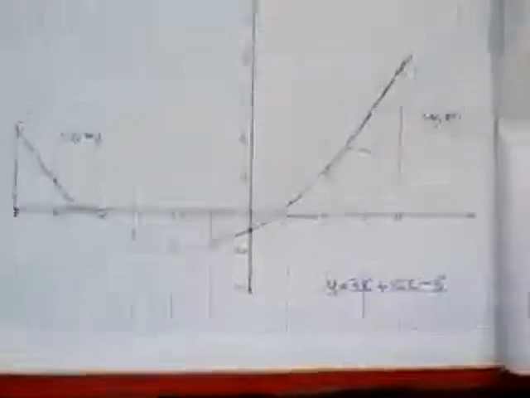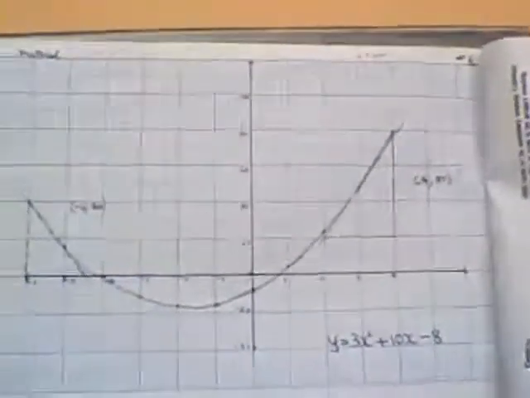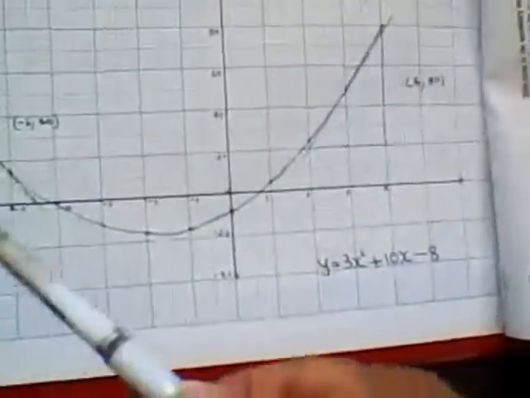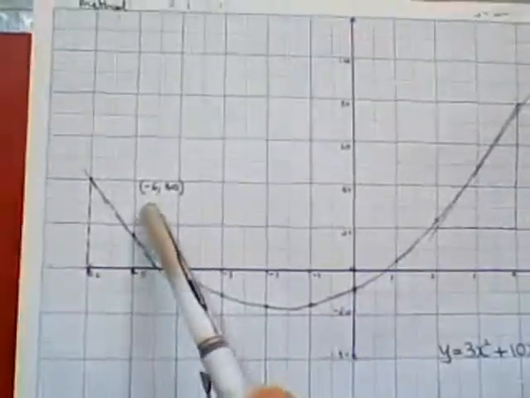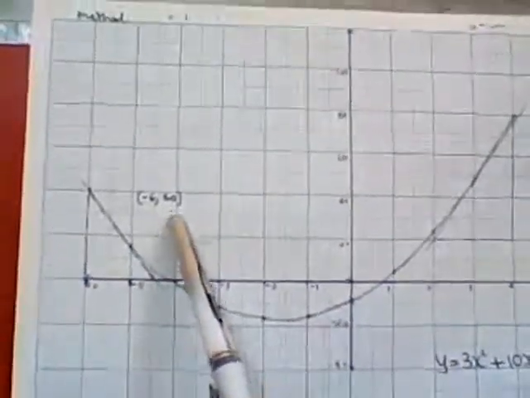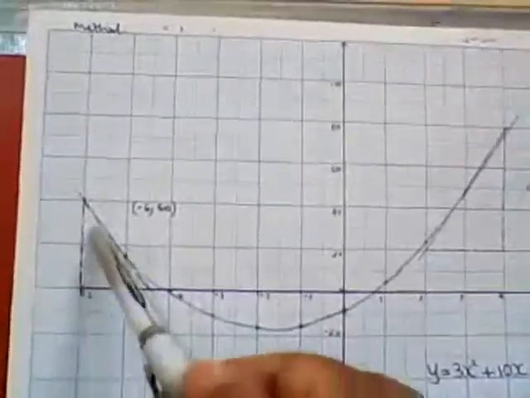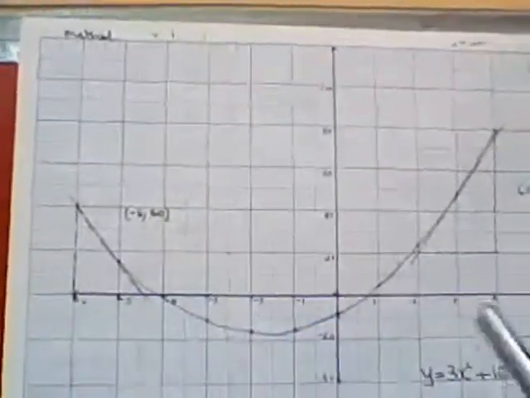Now again, always produce a table. You need to produce a table so you can plot the graph in respect of x. And here you have minus 6 equals 40, okay? When x is minus 6, y is 40. That's what it's saying to you.